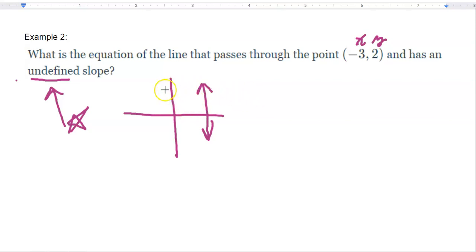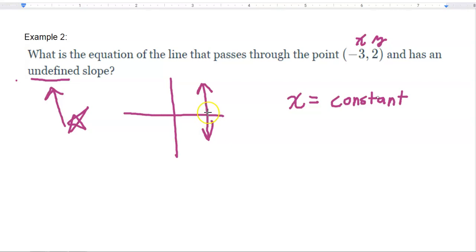So in most cases, we're going to have y equals something. In this case, when you have an undefined slope, it's going to be x equals a constant, because every point on that line has the same x value. This might be, let's say, x equals 4.